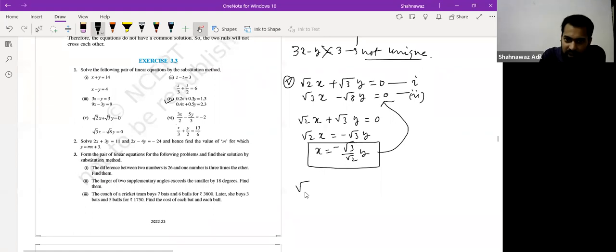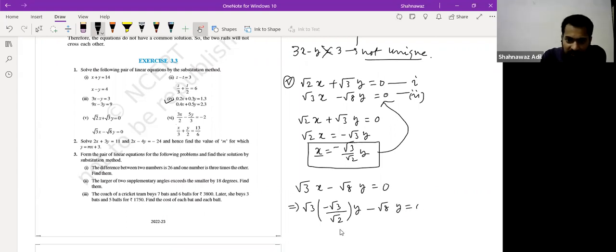So root 3x minus root 8y equals 0, right? So what is the value of x? Root 3 times minus root 3 by root 2 y, and then minus root 8y, right?